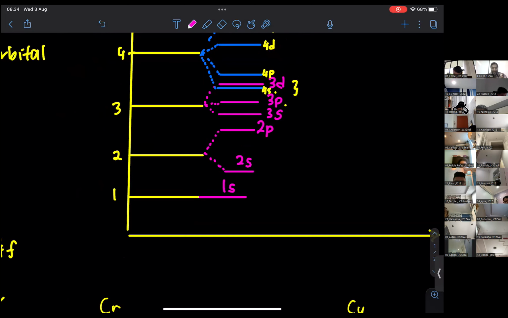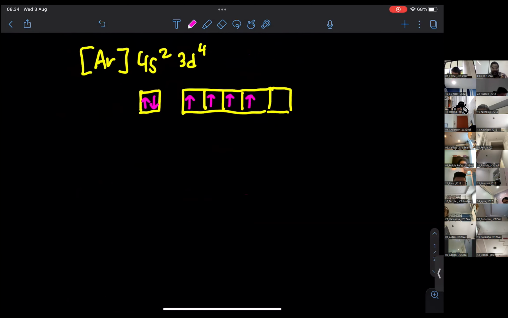Because there will be repulsion, the electrons tend to move so that each orbital is occupied by 1 electron, forming partially filled orbitals, or partially filled subshells.